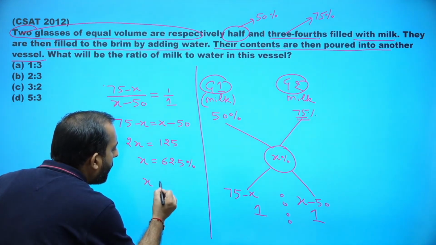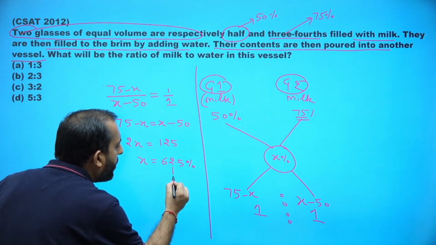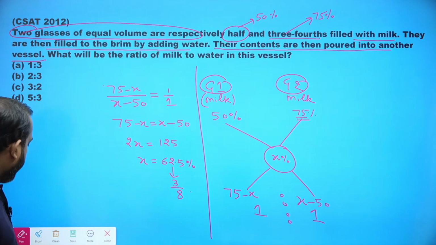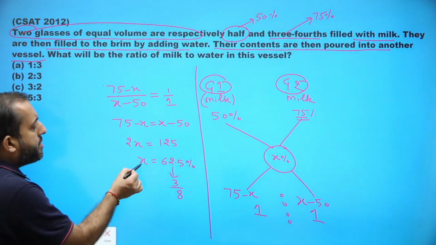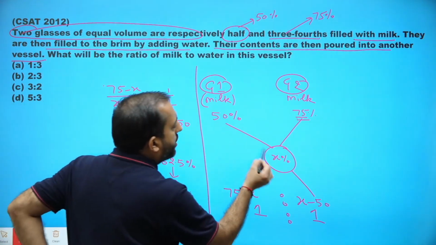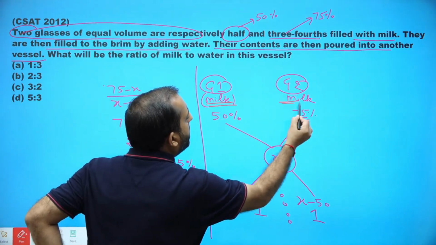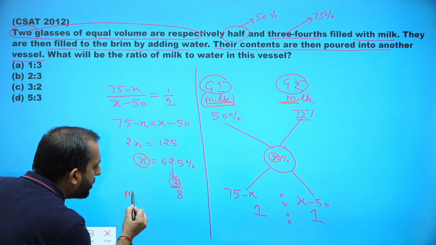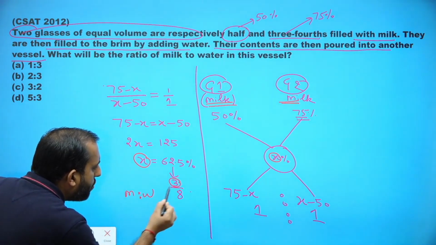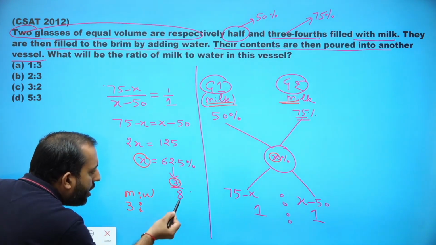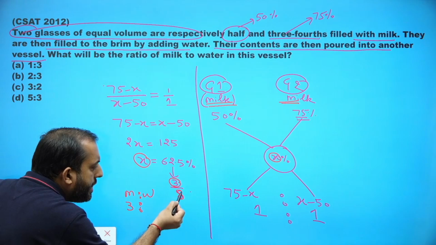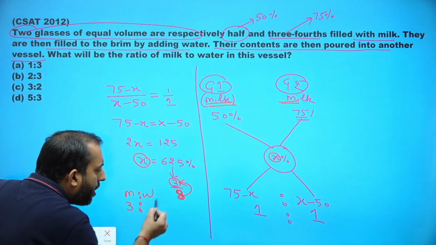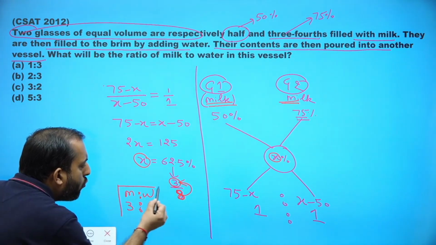Now 62.5% is what? 62.5% is 3/8. Done. X represents milk in the mixture, because it was milk here, it was milk here. So the total quantity of the mixture, the percentage gives the total quantity. 8 is the total quantity, so 8 minus 3, 5 will be water in the mixture.